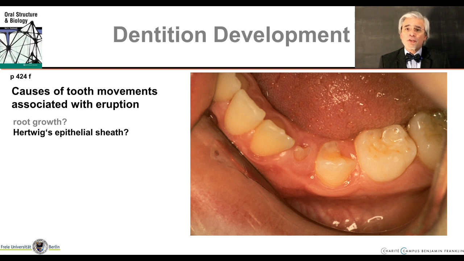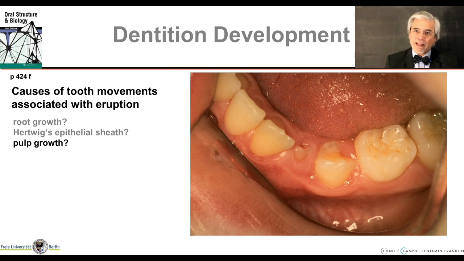It was then assumed that perhaps the growth of the pulp is responsible for the eruption of the teeth. The pulp cavity is only really widely open apically, and if the expanding pulp could trigger a pressure, then this would push the tooth like a rocket towards the occlusion, similar to the fireworks on Independence Day, which are also open at the bottom.